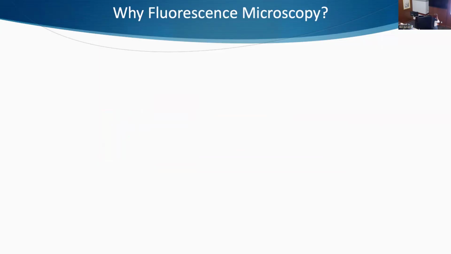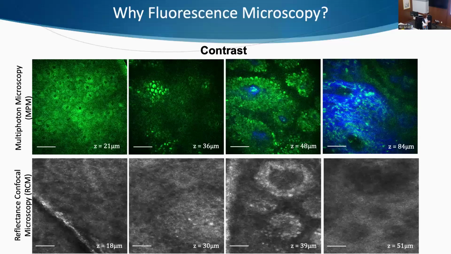And then just to summarize why fluorescence microscopy is so popular, why do we like to use it in the lab and more recently in clinic. First of all, it adds contrast, right?